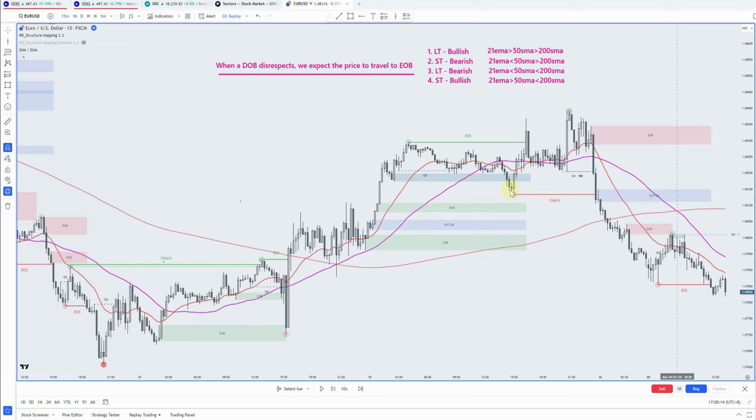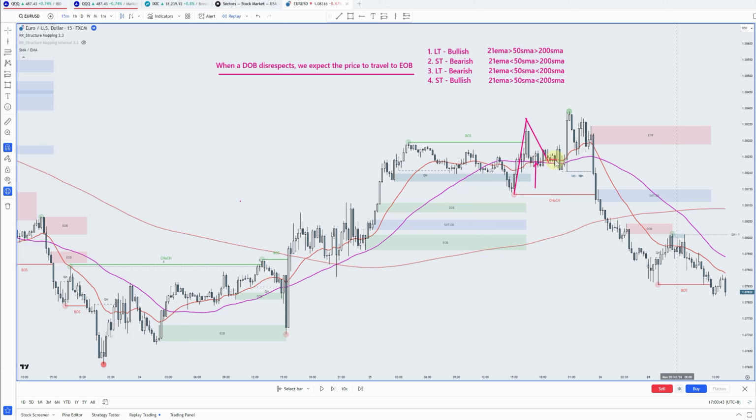So then what happened? The price exactly reached the breakup structure, and then it's okay. But when it pulled back, with this pullback, can you see that this red 21 line crossed above the 50?